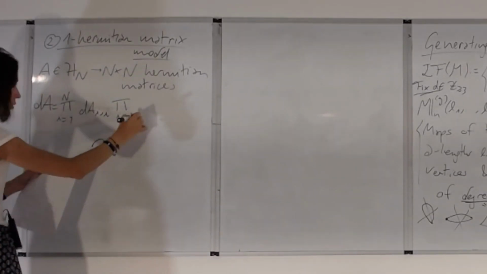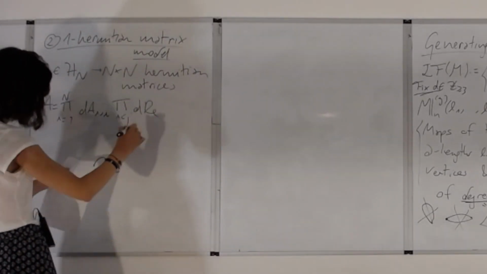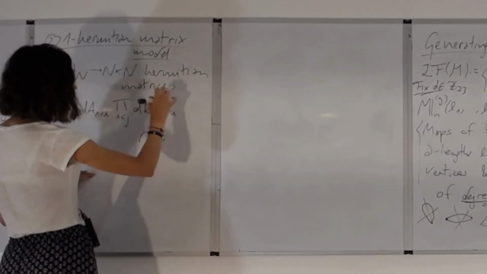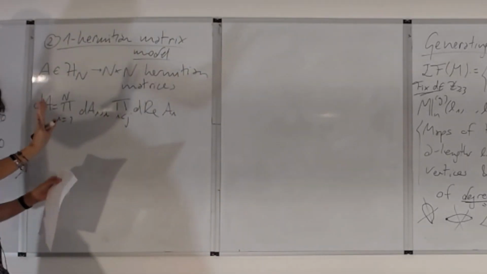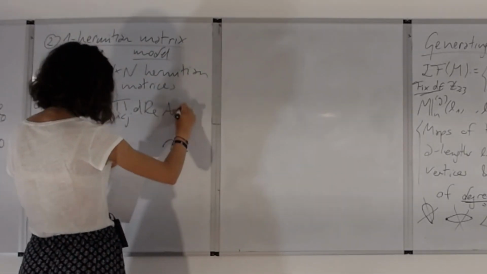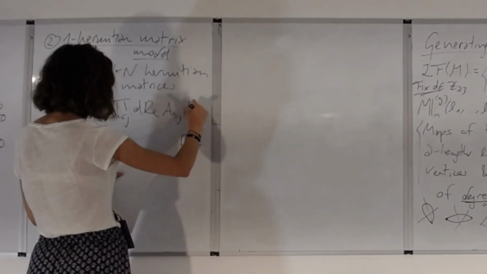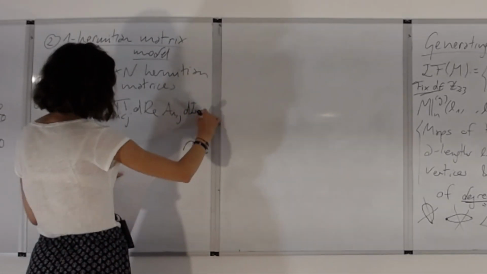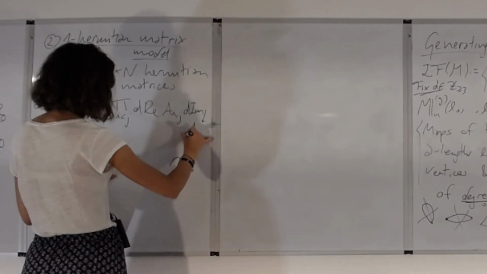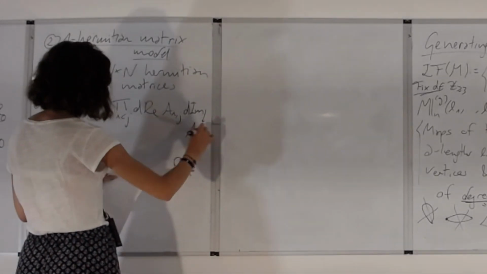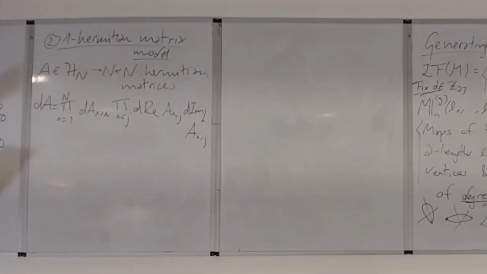So sorry, now it may look like I'm going crazy changing topic, but my goal is to relate these two maps, okay? So it's not so far from what I have been doing until now. Imaginary of A, i, j. Is this readable?